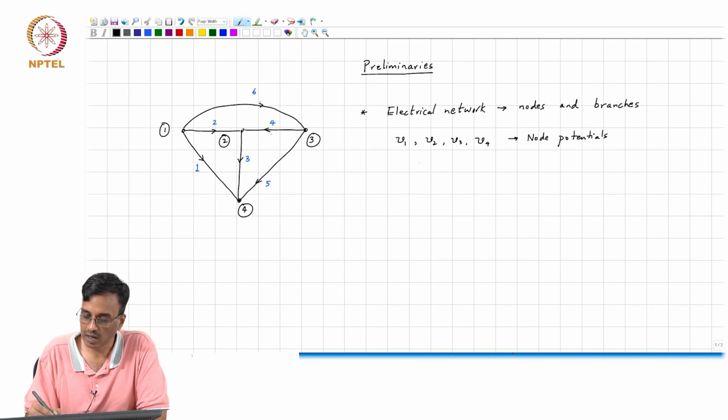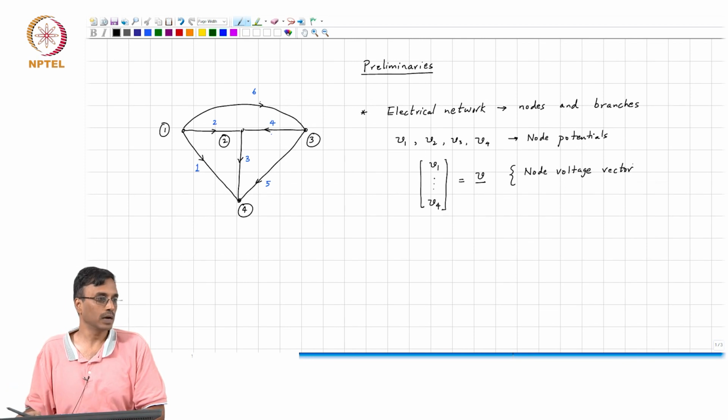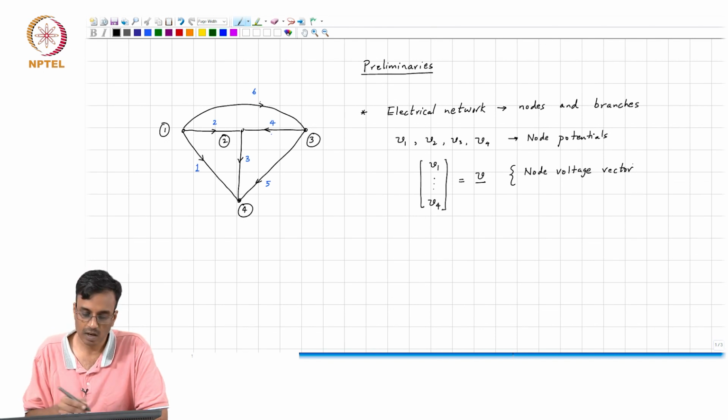And we will call the column vector V1 through V4 the node voltage vector. And every branch is associated with a branch current.